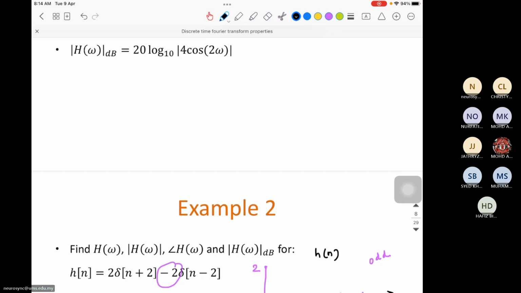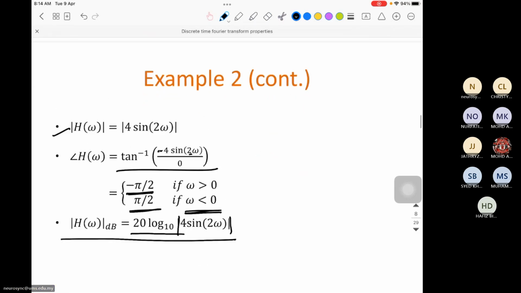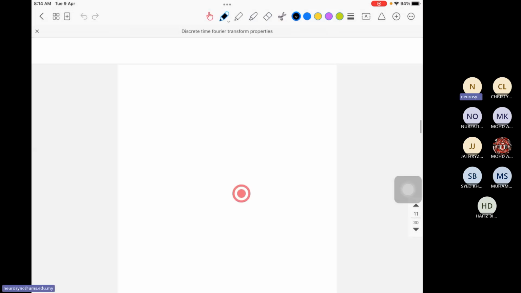Okay. Now we'll take one more example, example 3.